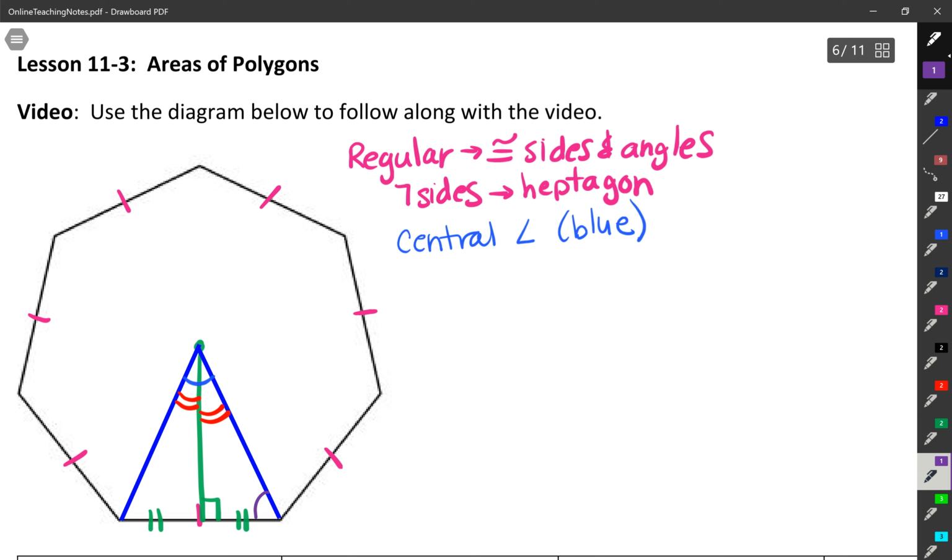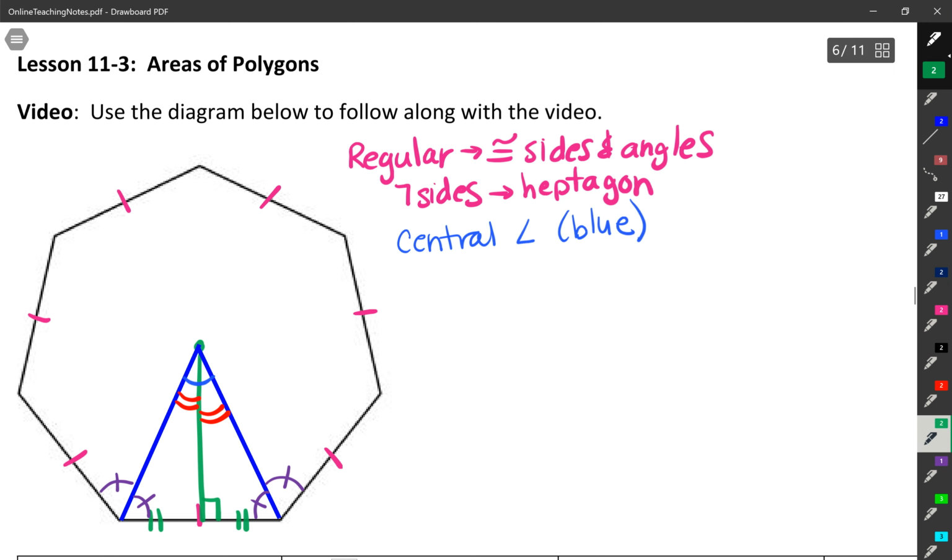So that means that this angle here is congruent to this angle here. Now, similarly, since it's a regular polygon, if we look at the other side here, this ray of the central angle also will bisect that angle of the polygon. And since those angles are congruent, then those are bisected into two angles that are congruent to the two that I just marked in purple.